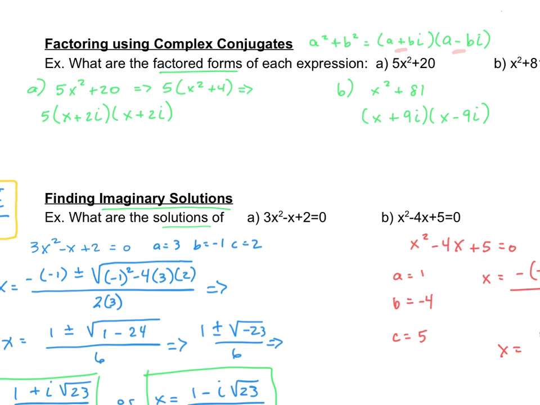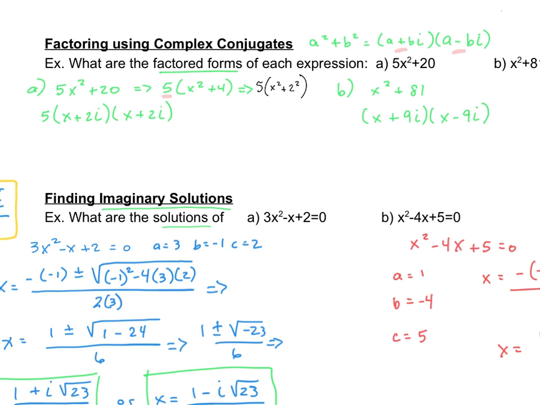Looking at a, we have 5x squared plus 20. The first thing I can always do is look for that greatest common factor, which happened to be a 5. So I pull that out, leaving behind x squared plus 4. If you can't see it, we do know that this should be 5 times x squared plus 2 squared.